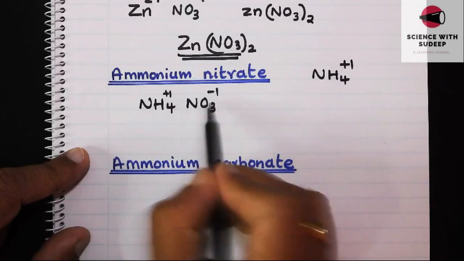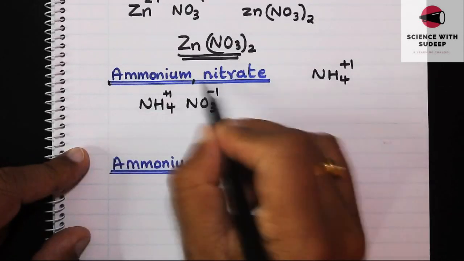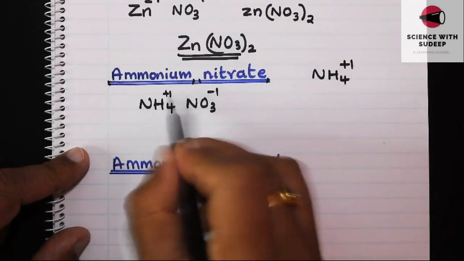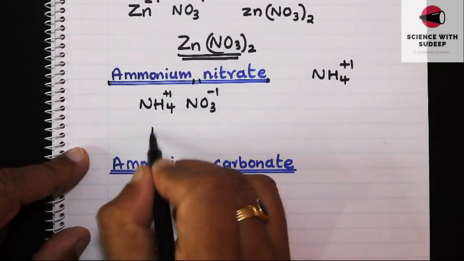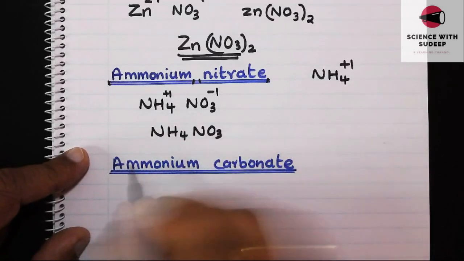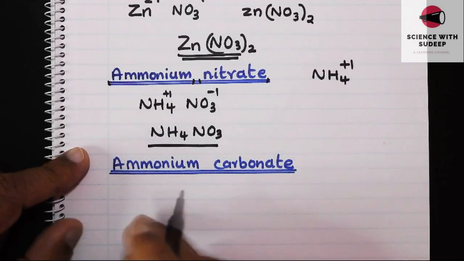This is a special compound which has 2 compound ions, ammonium and nitrate. Both compound ions have 1 and 1. Then you can write it like this, NH4NO3. That is the correct chemical formula for ammonium nitrate.